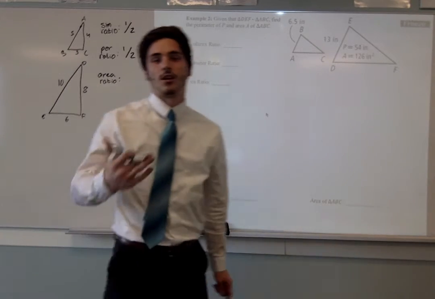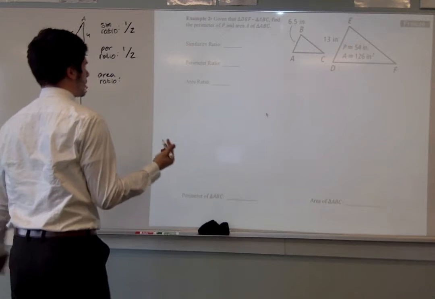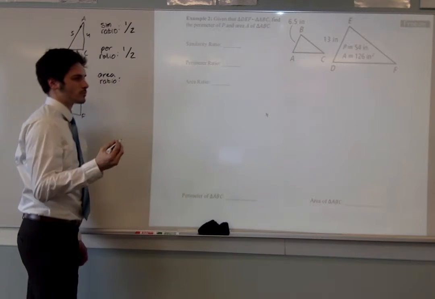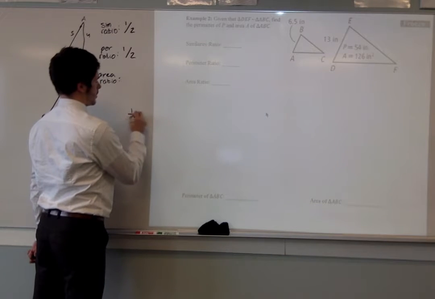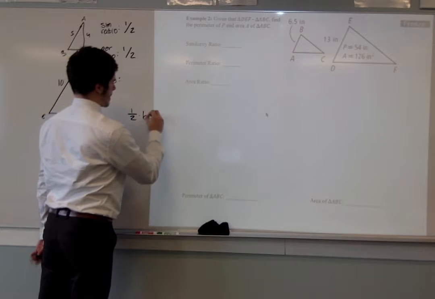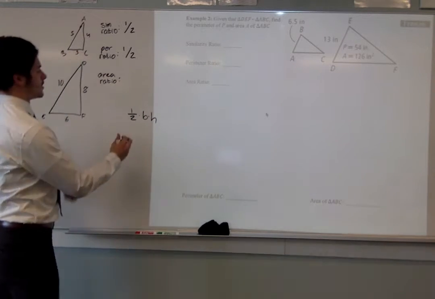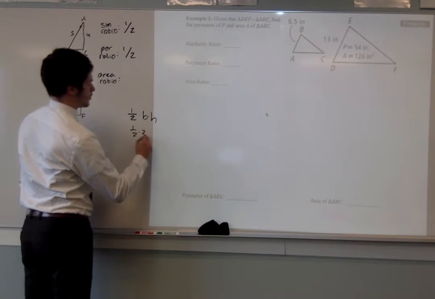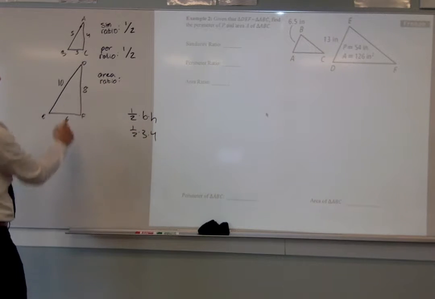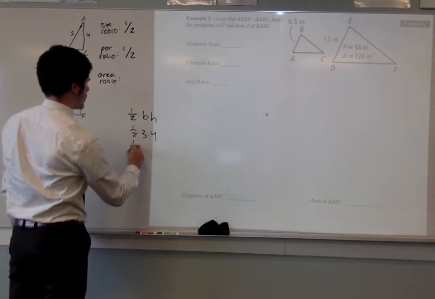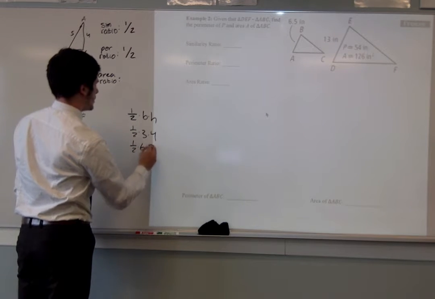And lastly, we're going to talk about our area ratio. It's important to know the area formula, obviously. So 1/2 base times height. In this triangle, it's going to be 1/2 by 3 by 4. And in this triangle, it's going to be 1/2 by 6 by 8.